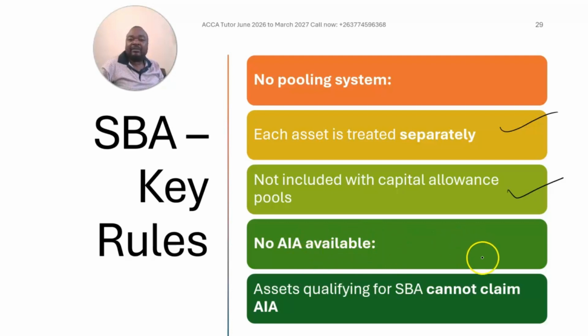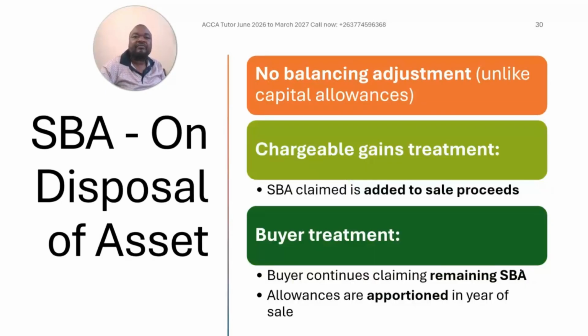No AIA available. Assets qualifying for SBA cannot claim AIA. No balancing allowance, unlike capital allowances, on disposal of the asset. For chargeable gains treatment, SBA claimed is added to sale proceeds.